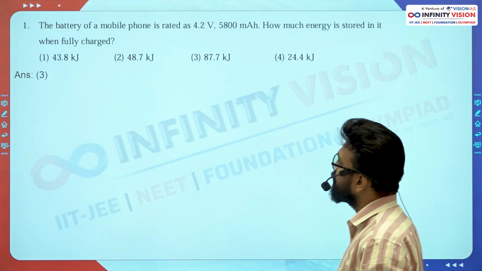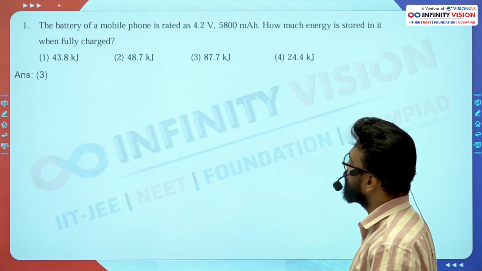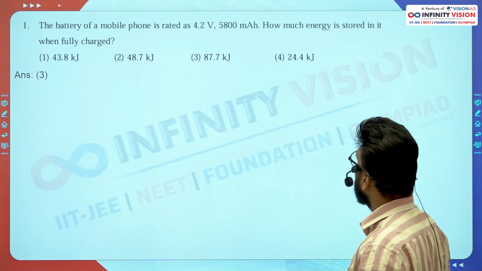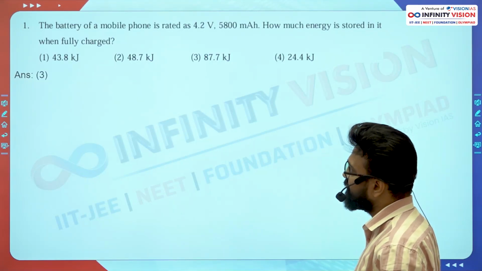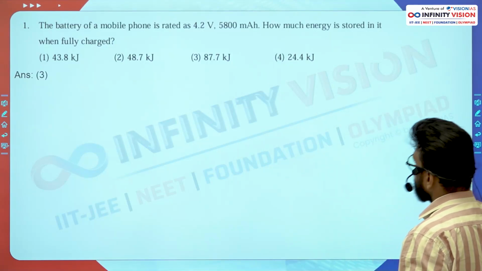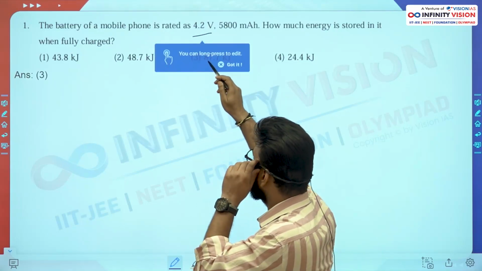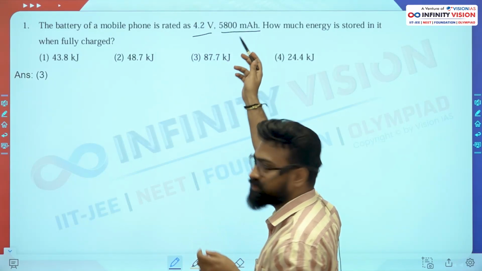It says the battery of a mobile phone is rated at 4.2 volt and 5800 milliampere hour. How much energy is stored in it when fully charged? So we already have the potential given, and this is the charge.